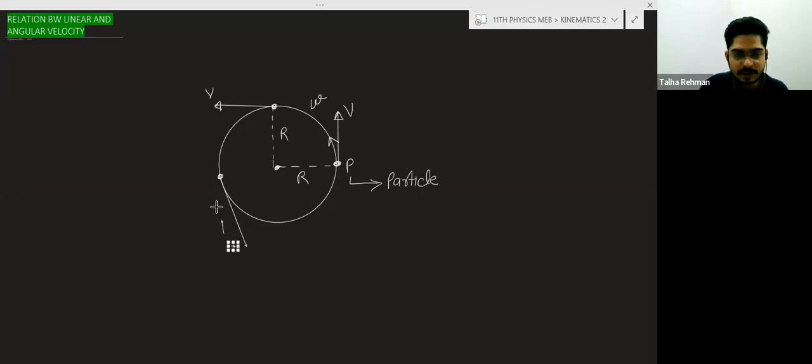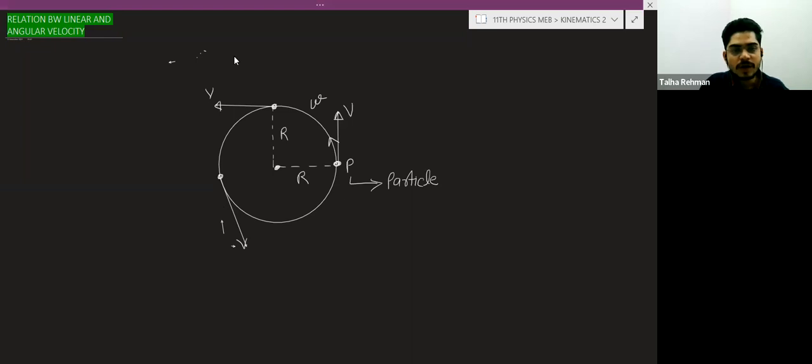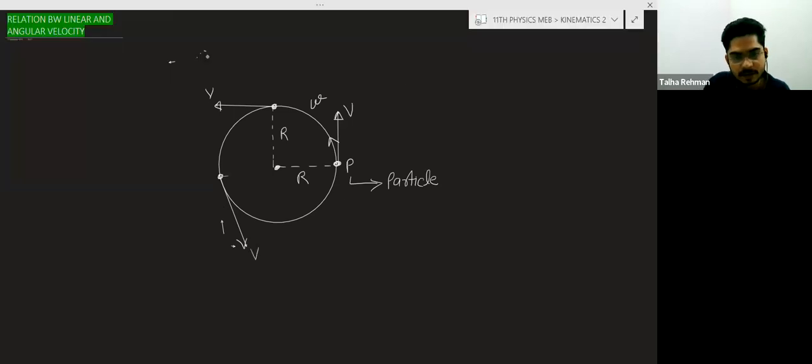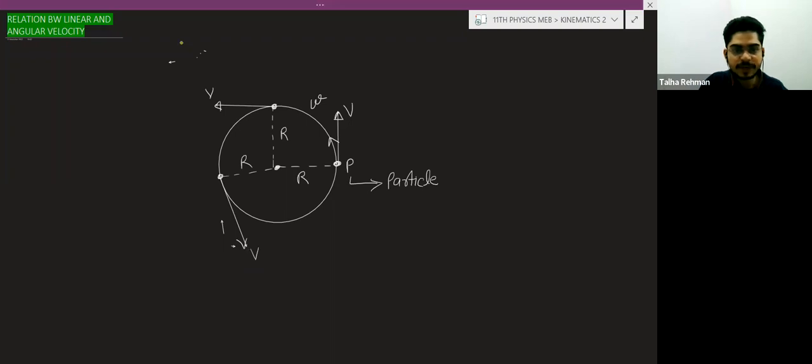This will be the direction of the linear velocity of the particle, and this will be the radius. In case of a circle, the tangent is always perpendicular to the radius.